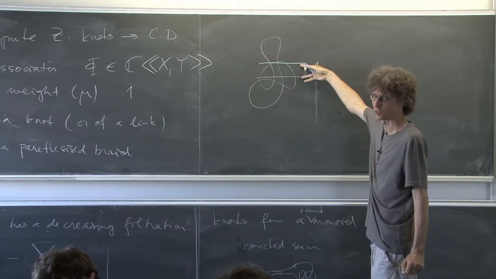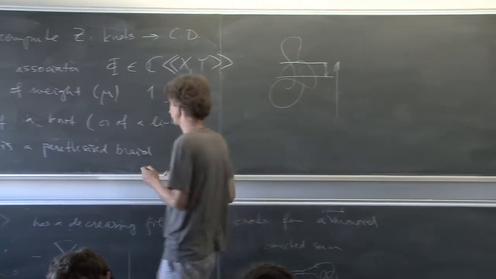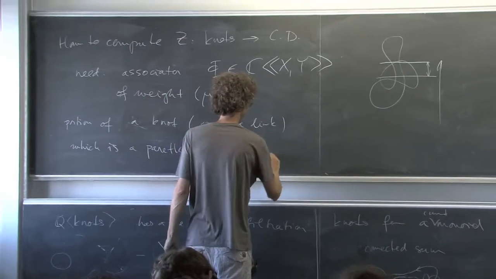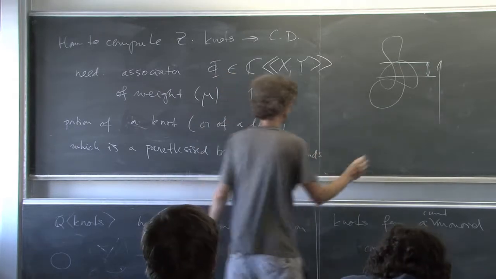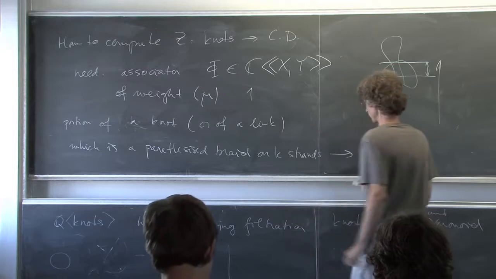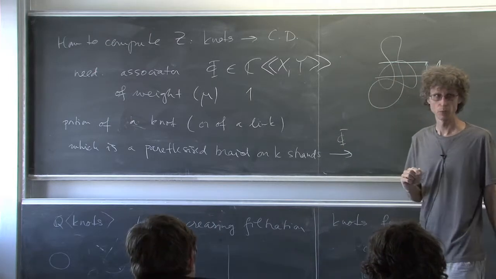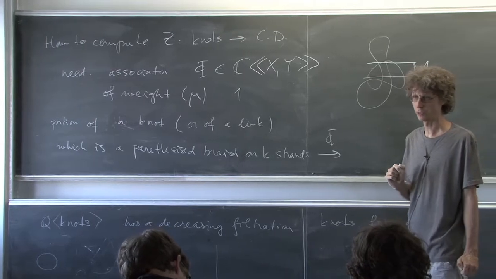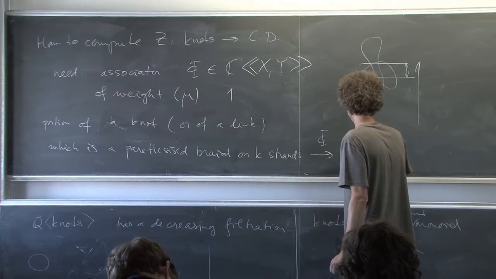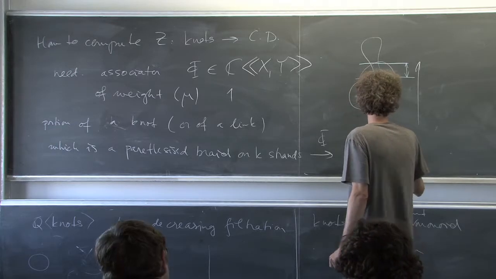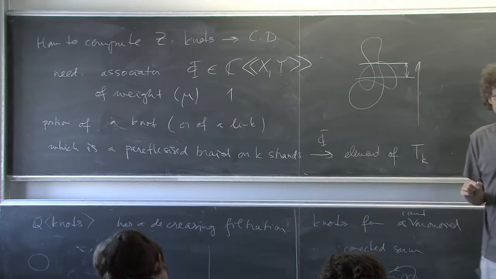So whenever you see such a thing, do a braid on, I don't know, k strands. Now, using that associator, we can assign to it an element of t_k, right? You still remember how it was done?